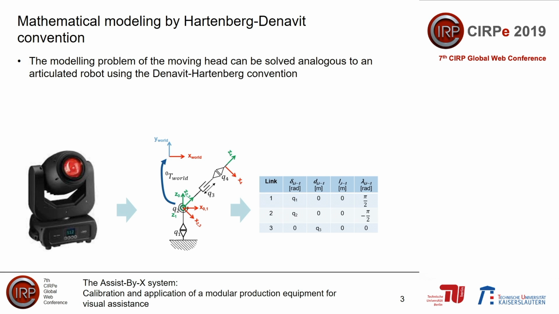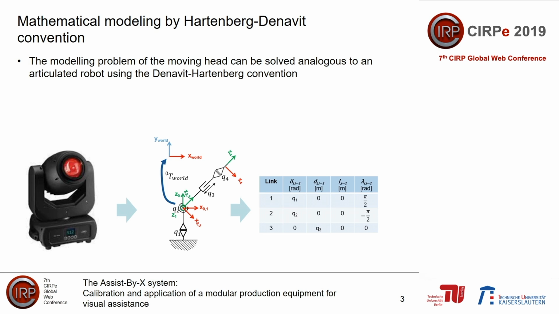The moving head has an open serial kinematic, therefore the kinematic and modeling problem of the moving head can be solved analogous to an articulated robot. The moving head kinematic is modeled by using the Denavit-Hartenberg convention.